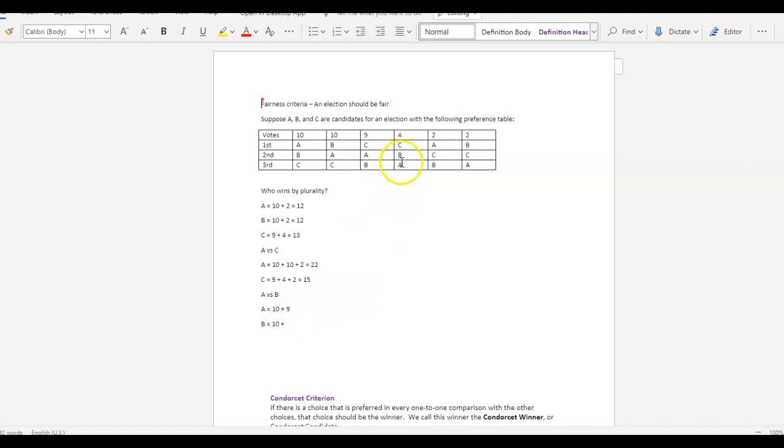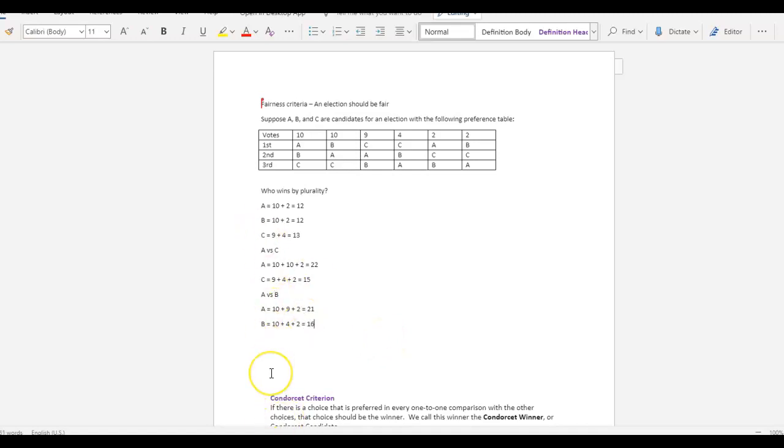In this column, B is preferred, so B would get these 4. In this column, A is preferred, so A would get these 2. And then in this column, A is not preferred, B is, so B would get these 2. And if we added those preferences up, A would get 21 votes as opposed to 16 votes for B.